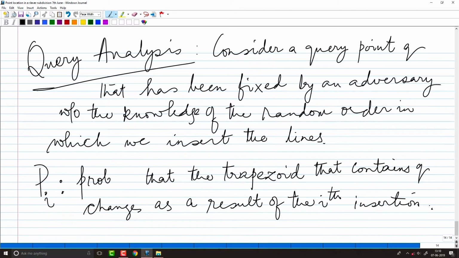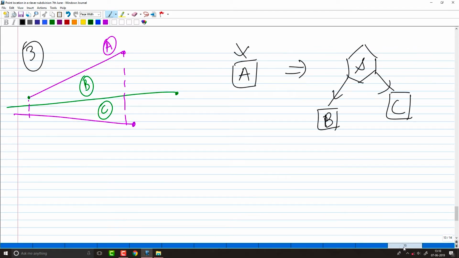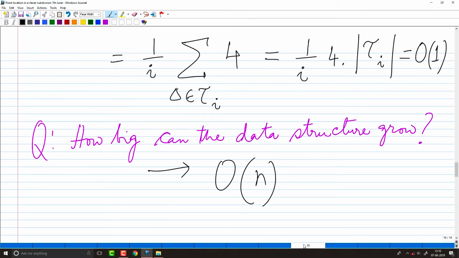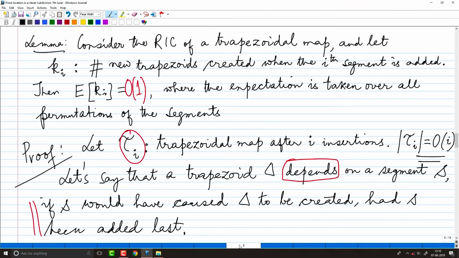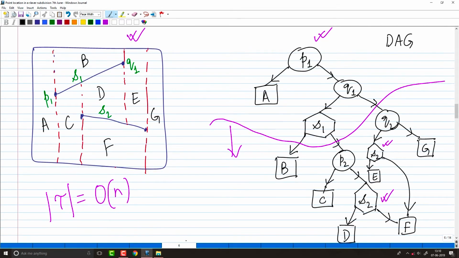So, the probability of the event that the trapezoid that contains Q changes as a result of the ith insertion. If you look into the basic data structure, as this point Q falls through and goes into a trapezoid, it will not increase its depth unless this trapezoid was created at this instance.